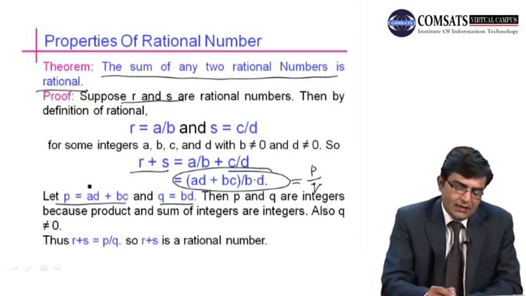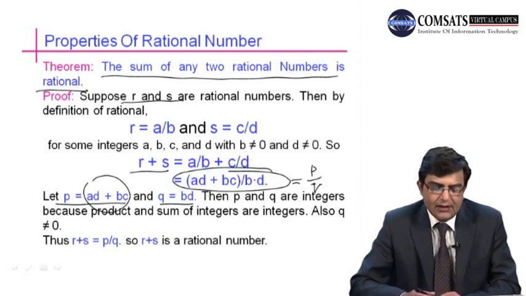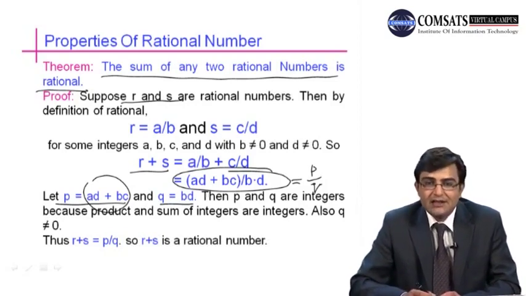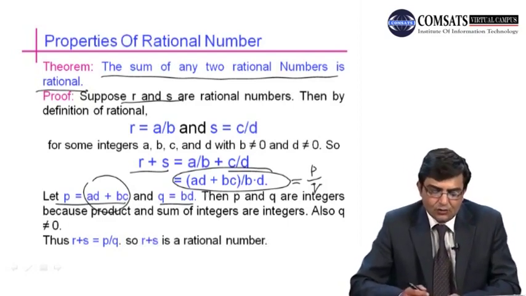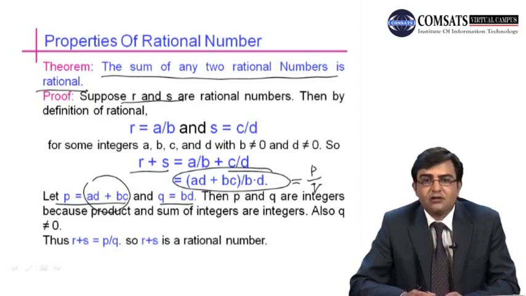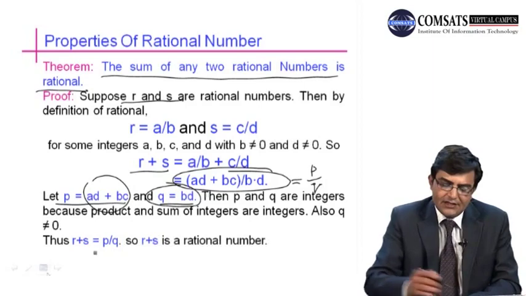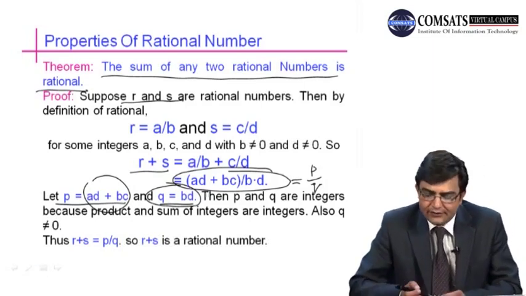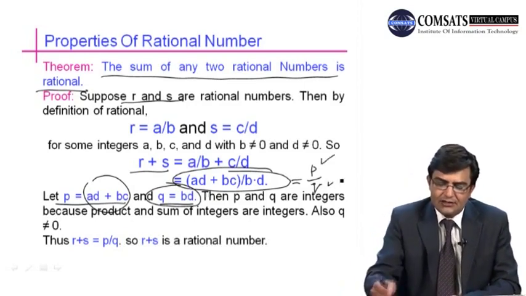So P is an integer, because it is a sum of products of integers. And BD, as we know, are integers, so the product BD is also an integer. So Q is also an integer. So the first condition of rational numbers is satisfied here: P is an integer and Q is an integer.